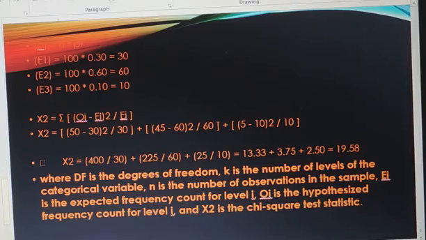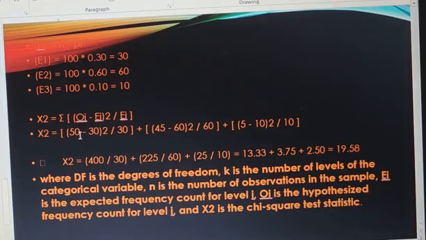Ei equals n times pi. E1 equals 100 times 0.30 equals 30. E2 equals 100 times 0.60 equals 60. E3 equals 100 times 0.10 equals 10. Chi2 equals sigma (oi minus ei) squared over ei.